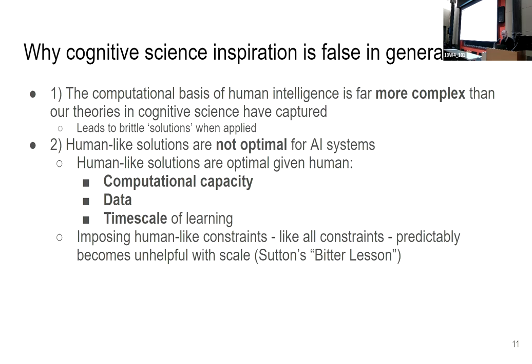And the second reason is a deeper reason to rethink why this should have sounded plausible to us in the first place. Humans are intelligent. It seems like computation or information processing is key to that. The way that we think about things and the way that we learn are optimal or close to optimal, given the computational capacity that we have, the data that we have to learn from, and how quickly we have to learn.